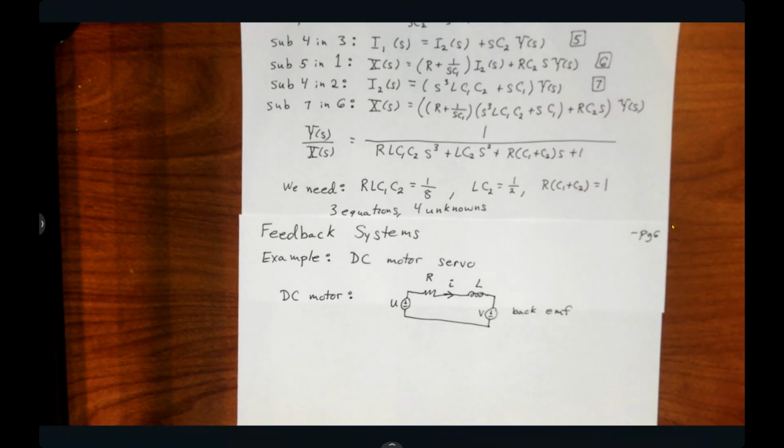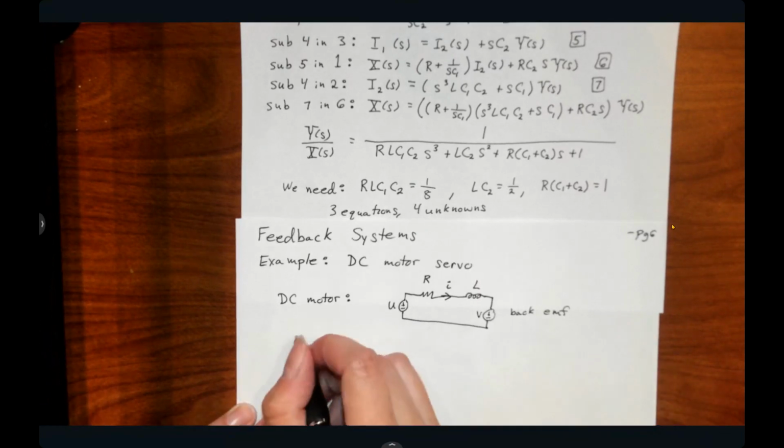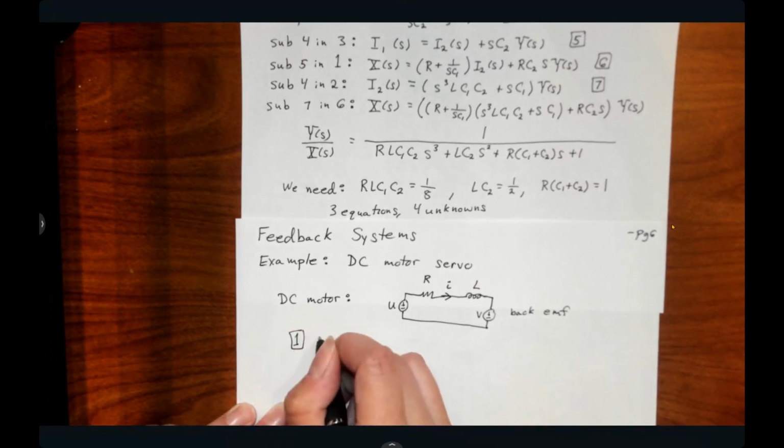Right, so I can capture the relationship between the current and this voltage for this motor. If I put everything into the Laplace domain, I can get the transfer function. Call this 1.